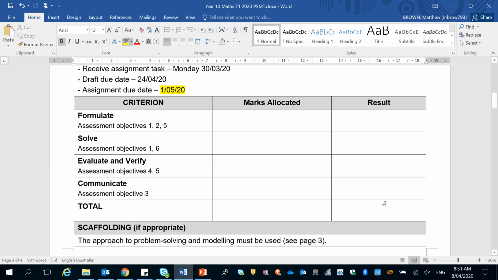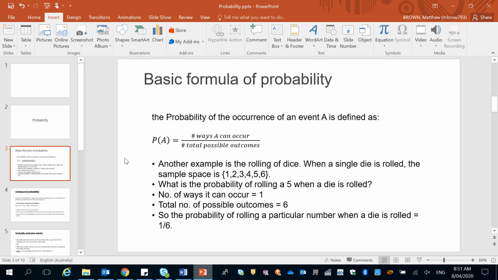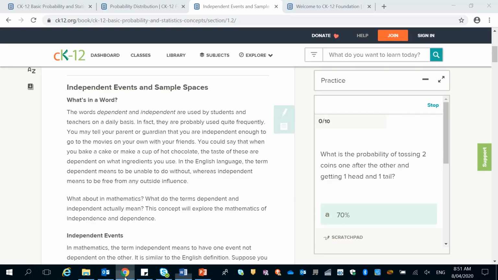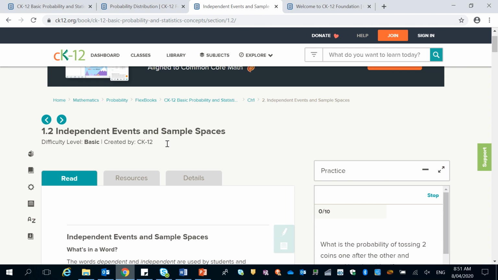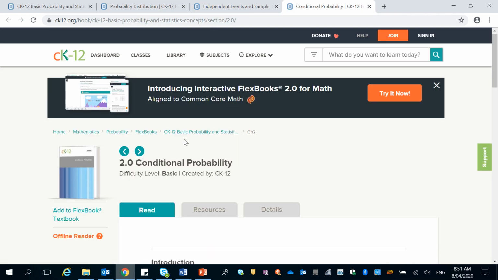So, best advice I can give you is this is the important information. Consider what you learnt about in probability and what you've learnt about in probability in previous years. One final piece, I would recommend using CK12, and I will include a link here.